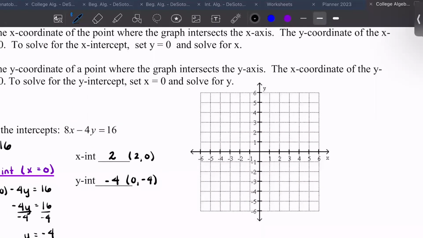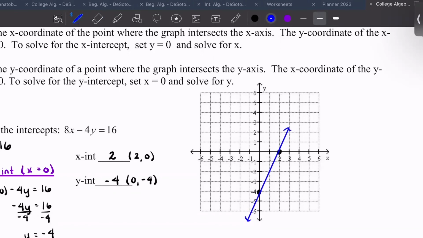So your x-intercept is (2, 0); I went over 2, up 0. And your y-intercept is (0, -4), which is right here. Then you just connect your dots to make your line.